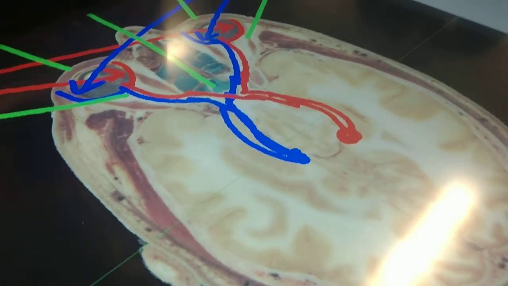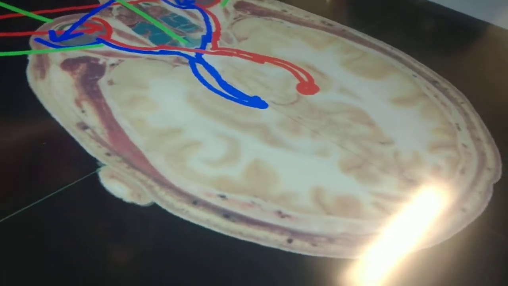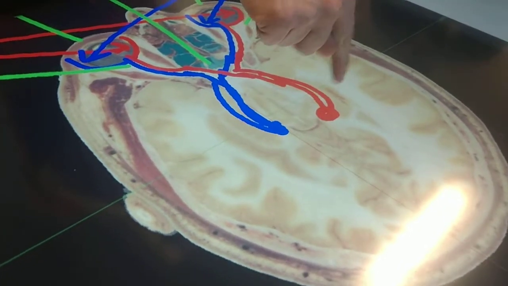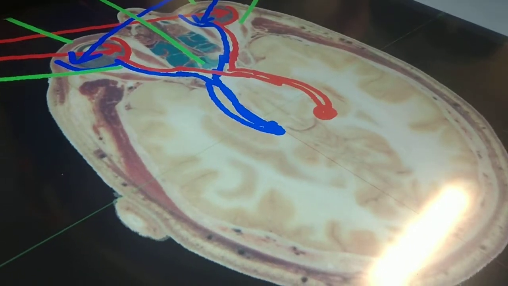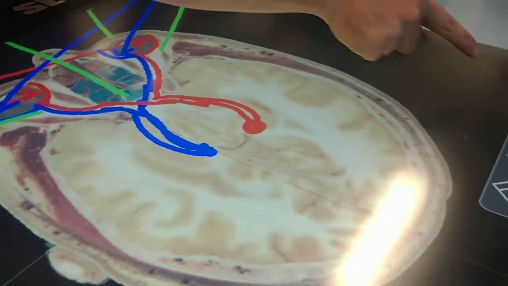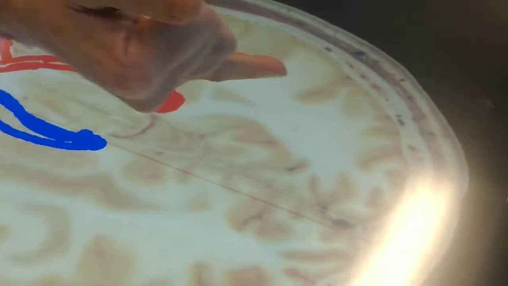You can see back here, remember the head's slightly tilted, that's why it doesn't look perfectly uniform. But if you look back behind the lateral geniculate ganglia on the red side, then you can actually observe white fibers leaving that lateral geniculate ganglia, and they're going back to the occipital cortex.